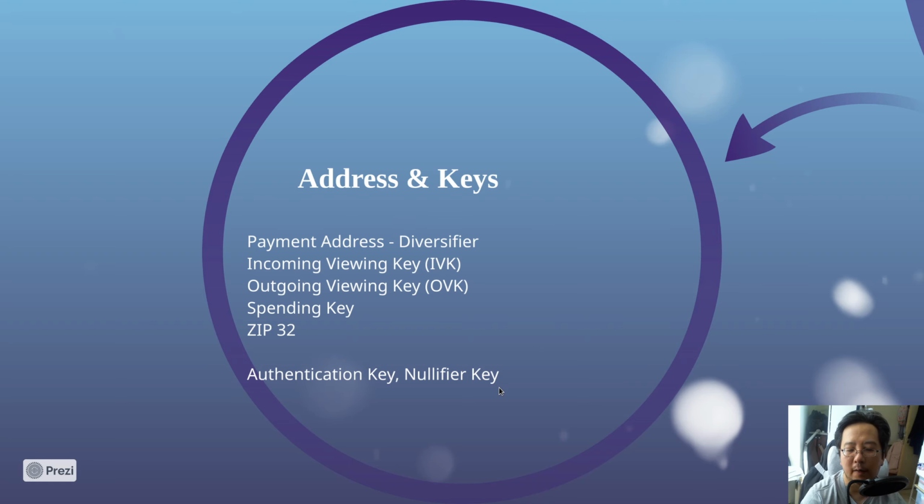Behind the covers, you actually have two additional keys: the authentication key, used to sign the message in order to spend, and the nullifier key, which allows the system to create nullifiers. We're going to talk about nullifiers a bit later in this presentation. Again, the main keys here are the ones that are important, and they all derive from a single seed.